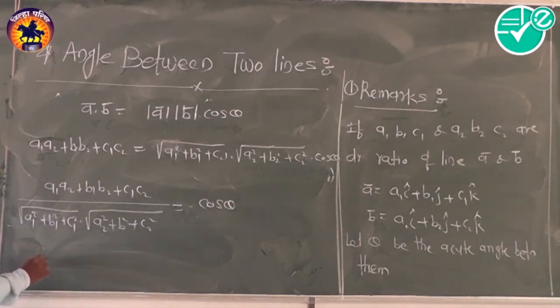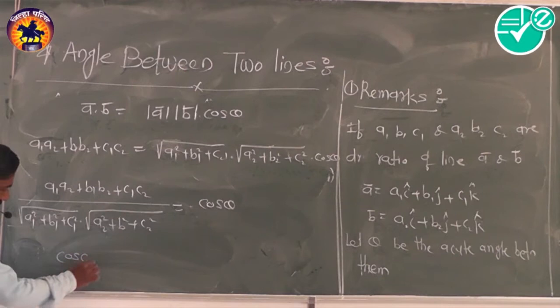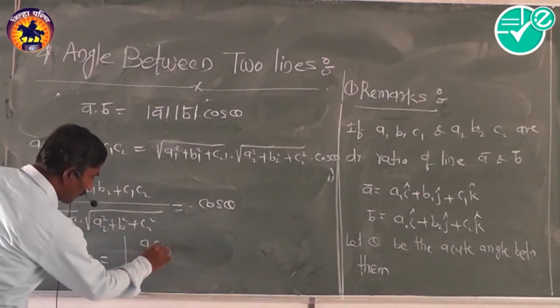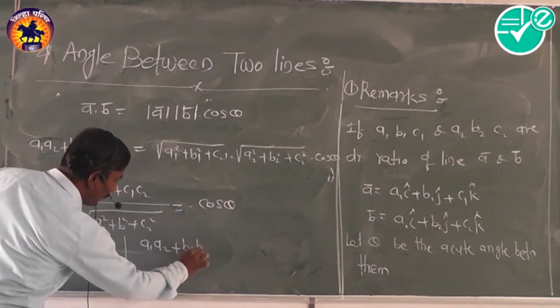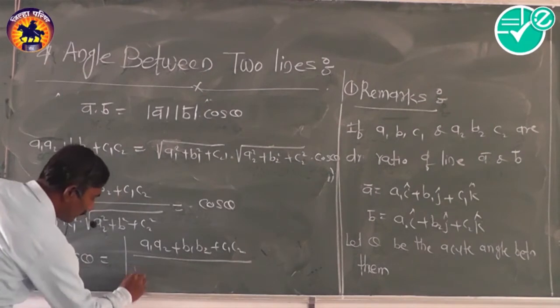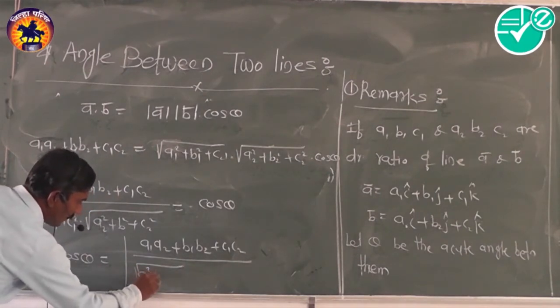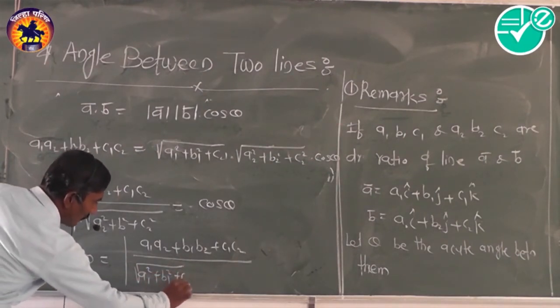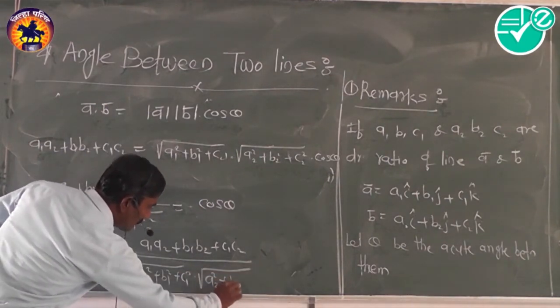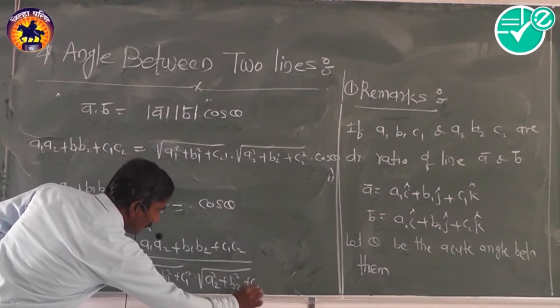Now the angle is always positive, therefore cos theta is equal to, we take mod of a1 a2 plus b1 b2 plus c1 c2 divided by under root a1 square plus b1 square plus c1 square into under root a2 square plus b2 square plus c2 square.